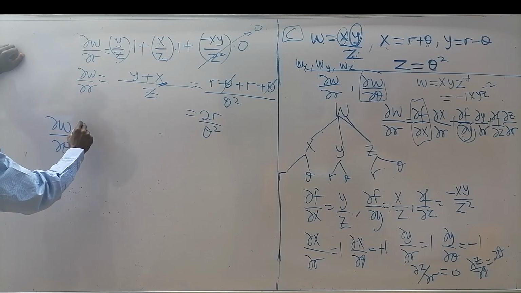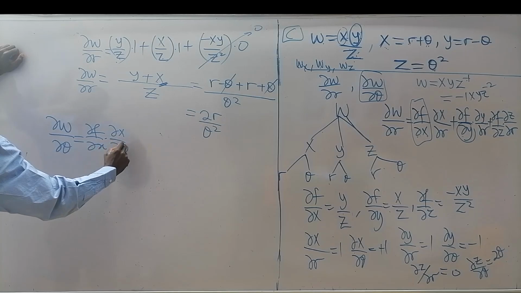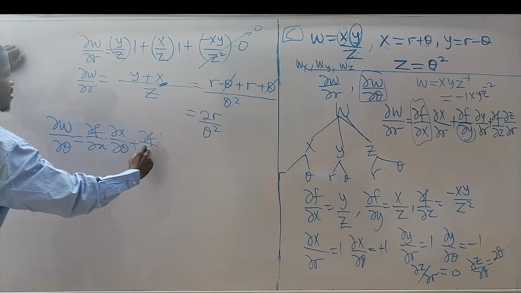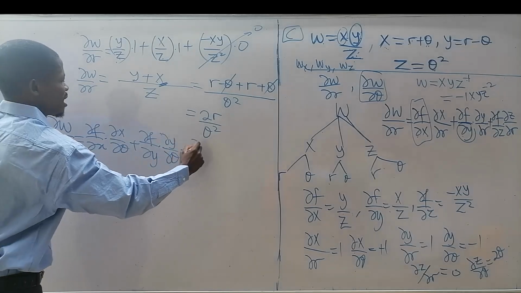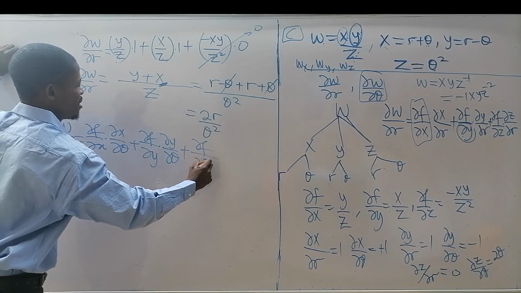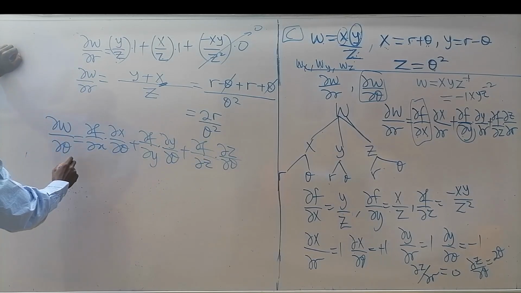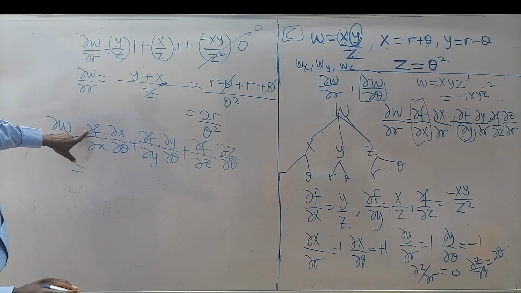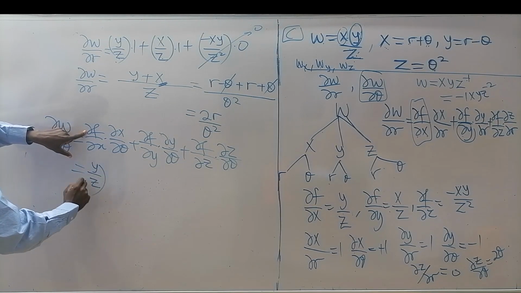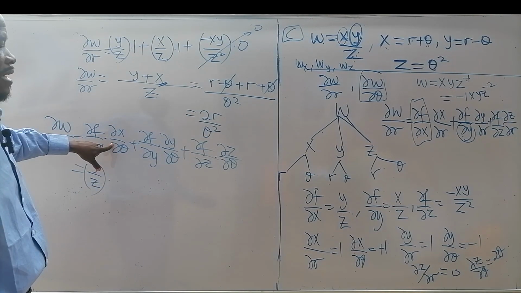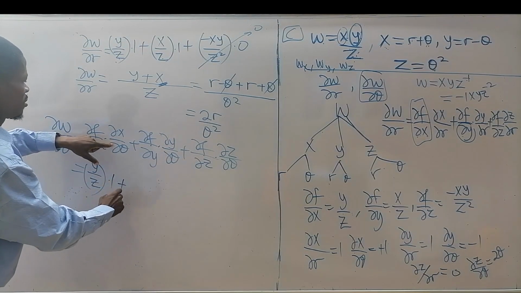The equation will be del f del x times del x del theta, plus del f del y times del y del theta, plus del f del z times del z del theta. Do your substitution for that. Del f del x, we have the value, that's y over z, times del x del theta, that's 1.